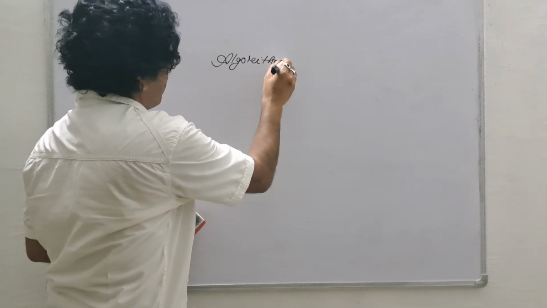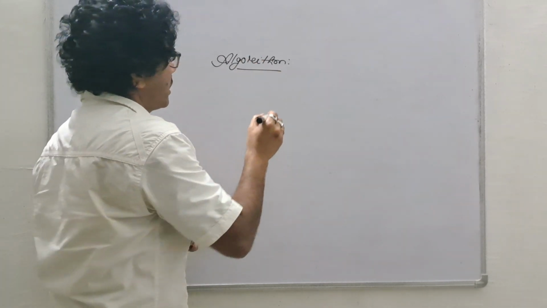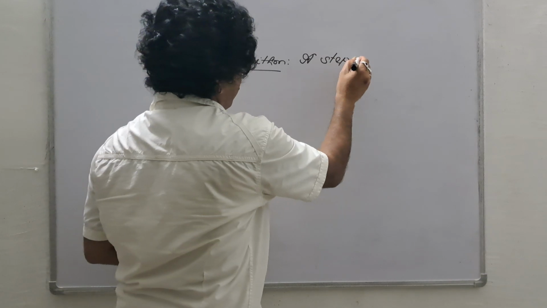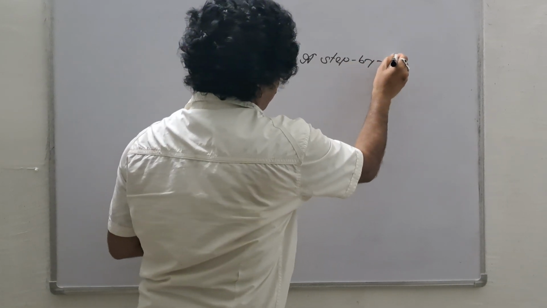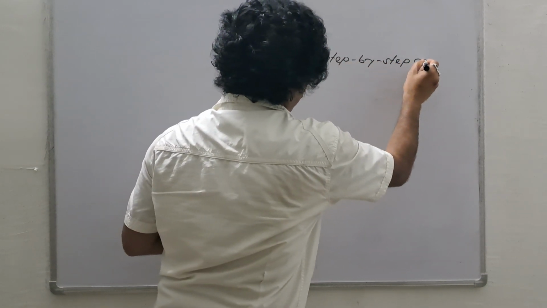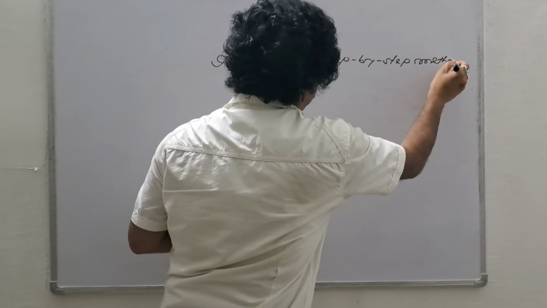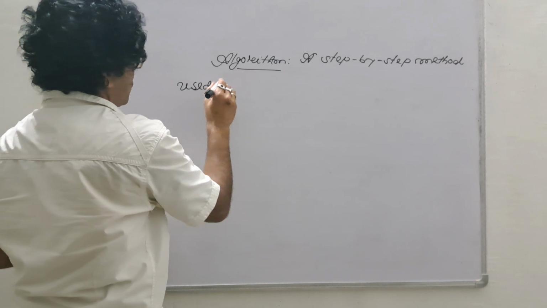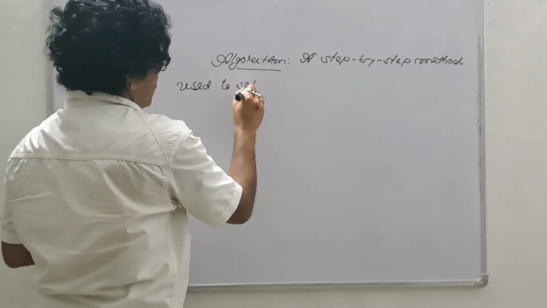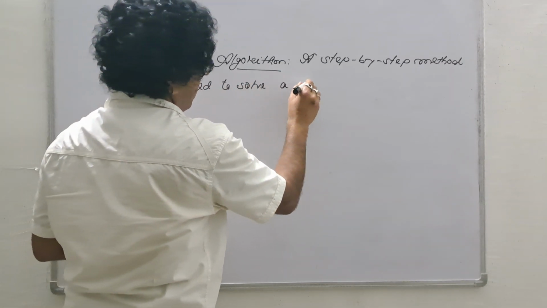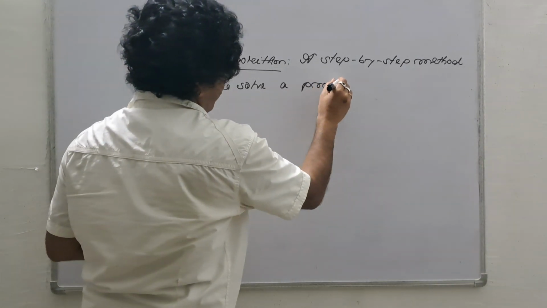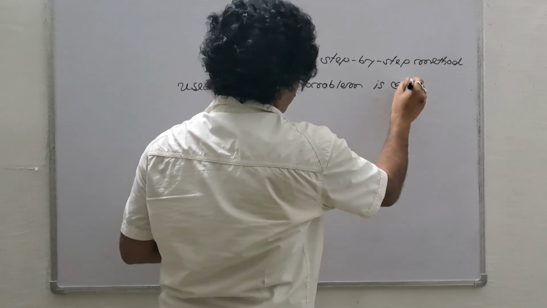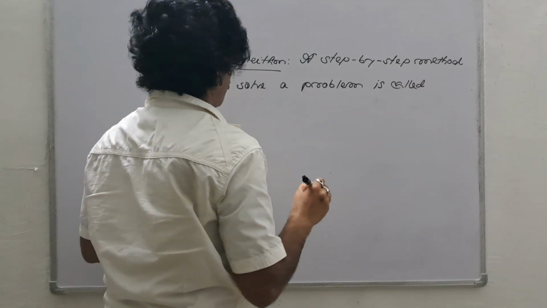Algorithm. A step-by-step method used to solve a problem is called an algorithm.